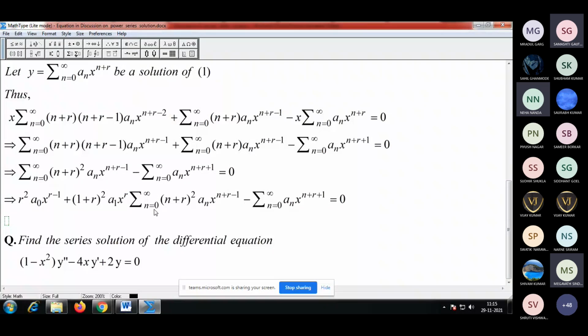Then the summation will start from n equal to 2, because 0 and 1 have been separated.